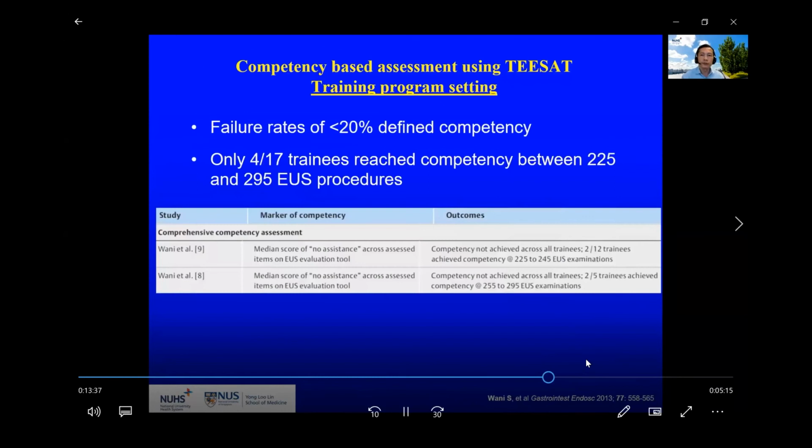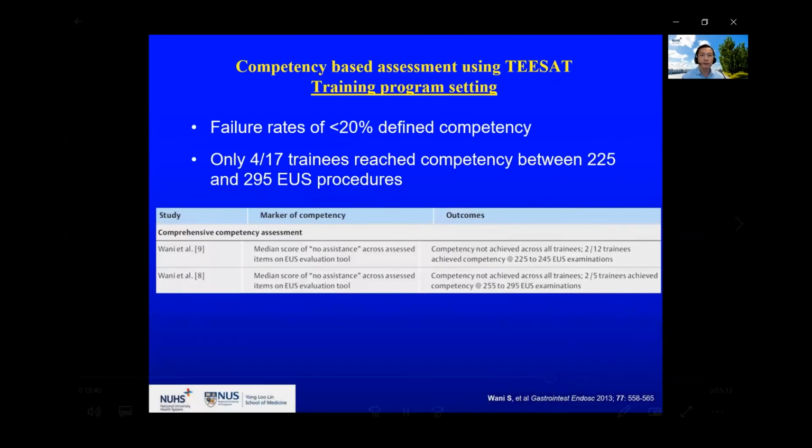So the TZAT tool was also further assessed in the training program setting by Wani's group. Wani's group defined failure rates of less than 20% as competency.